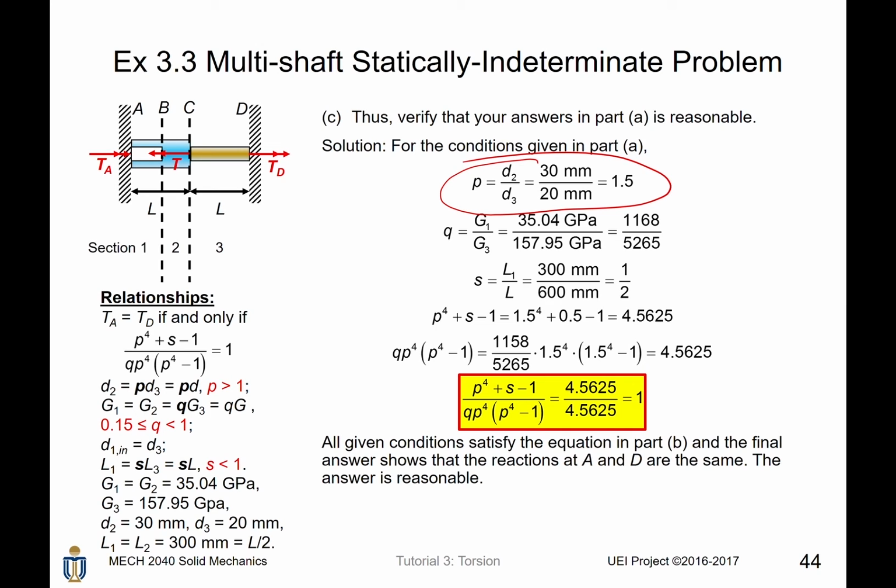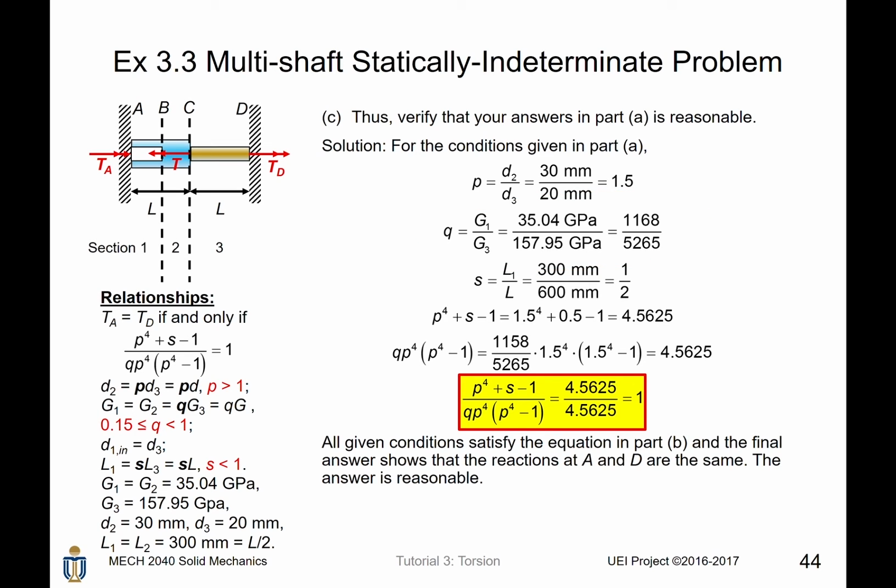The ratio equals 30 mm divided by 20 mm, which equals 1.5. Next, consider the ratio between the shear modulus, G1 divided by G3, equals 1168 divided by 5265.